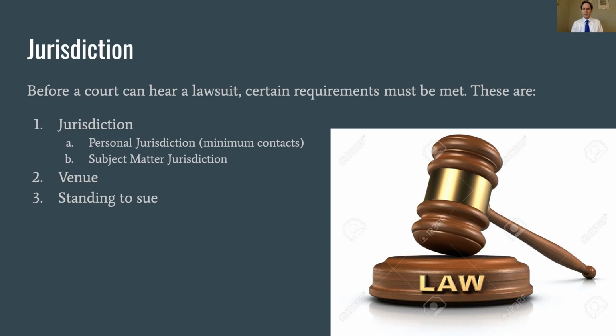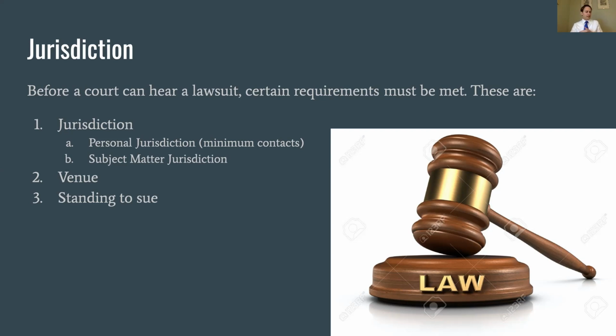And to figure out if a court has jurisdiction, we're going to look at a number of these elements right here. Personal jurisdiction deals with minimum contacts. The idea there is, do the parties, the businesses involved in the lawsuit, have minimum contacts with that jurisdiction? So if it's a state court, does the business that's getting sued have minimum contacts, meaning an office space?